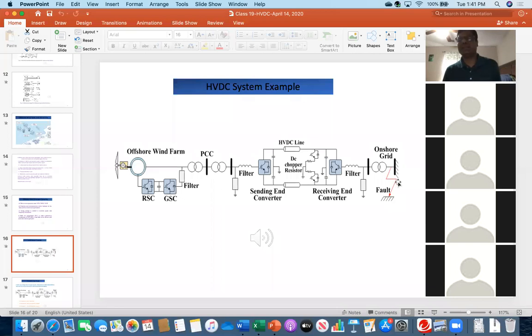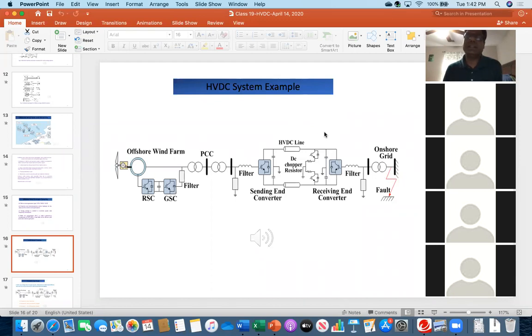If there is any short circuit or other issue on the grid side, the impact goes to the rest of the network up to the generator, because everything is interlinked. Because there are capacitors on the HVDC line, once there is any fault, typically the capacitor voltage or HVDC voltage goes high.